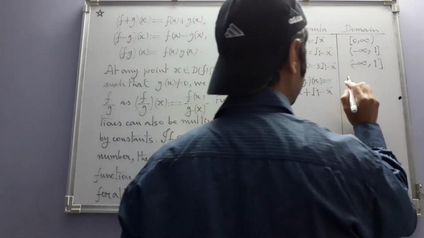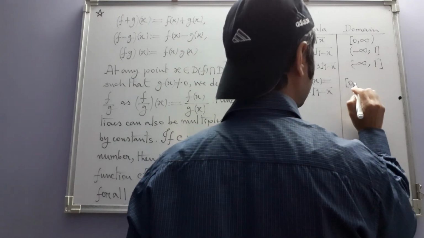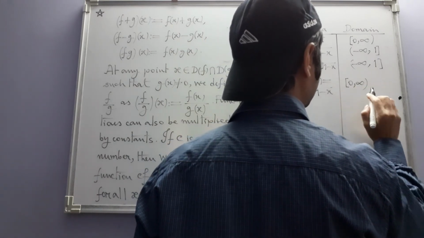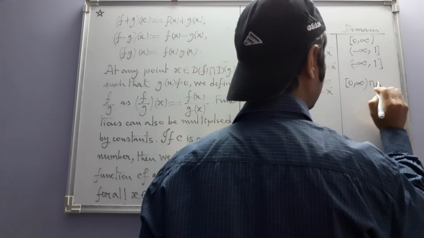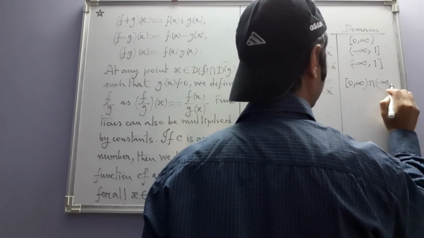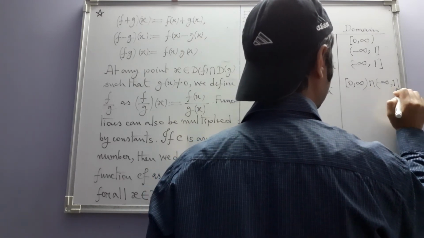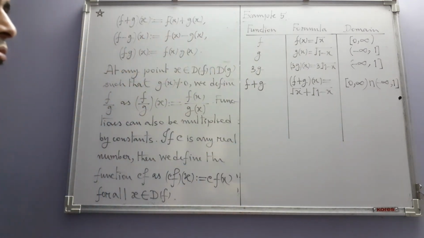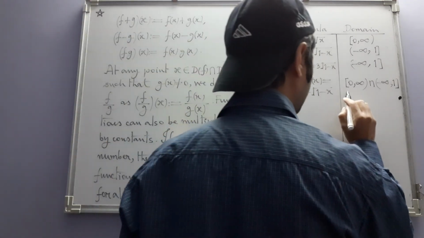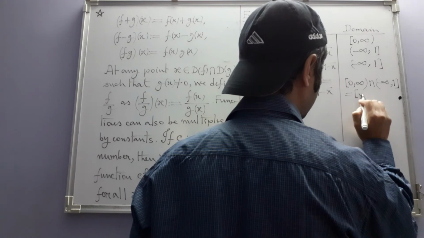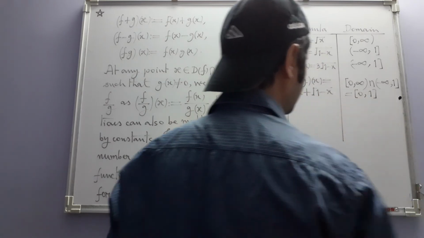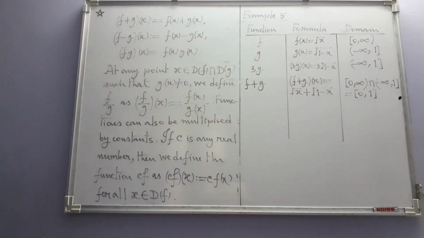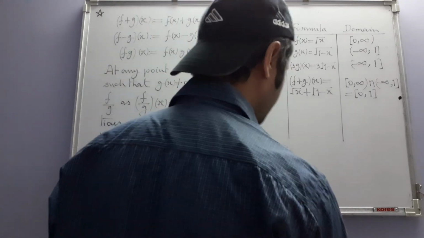So here the domain is the intersection of these two things, that is nothing but the closed interval 0, 1.